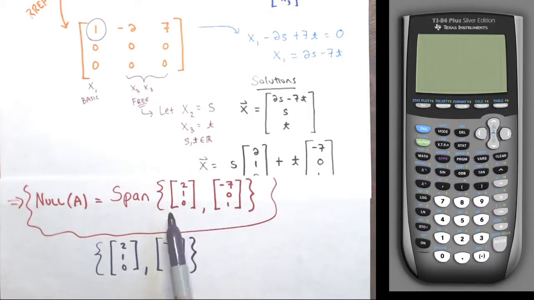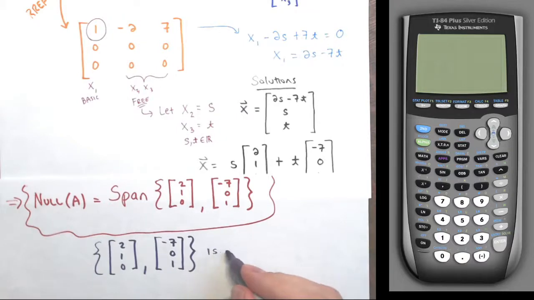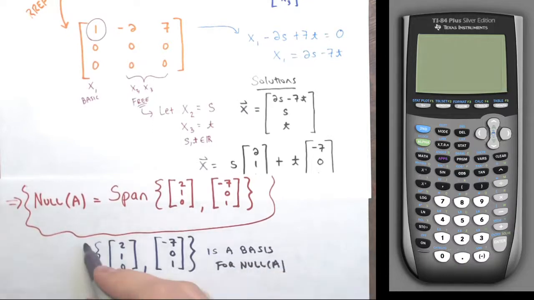And again, we have two vectors here that are not scalar multiples, so they're linearly independent. And again, they should be if you did everything correctly in the reduced echelon form. So this is a basis for the null space of A.